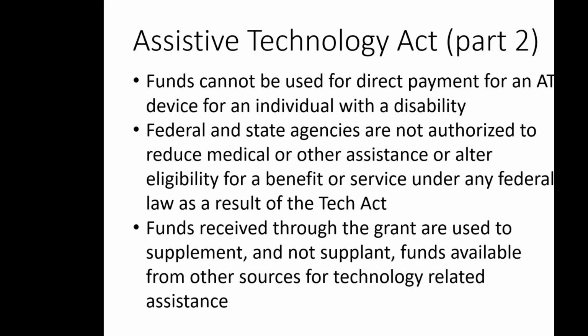The AT Act does not provide specific devices, correct? They don't provide specific funding, but they provide funding sources. As you can see on this slide that I just moved to, the funds that the ATA gets cannot be used to directly purchase AT devices for a person.